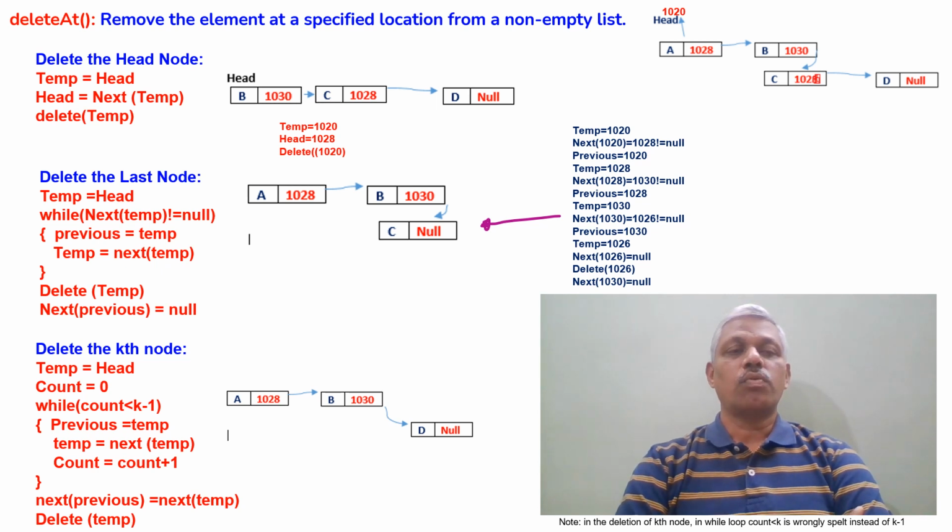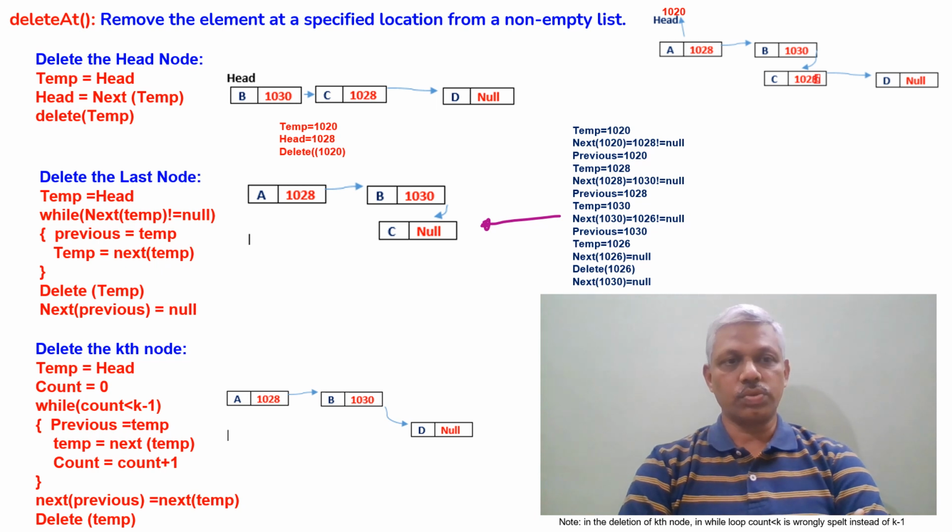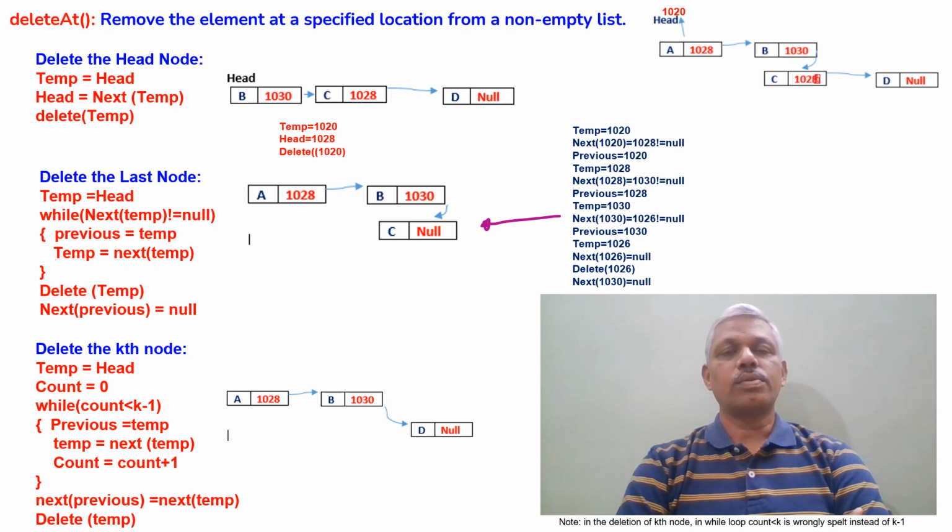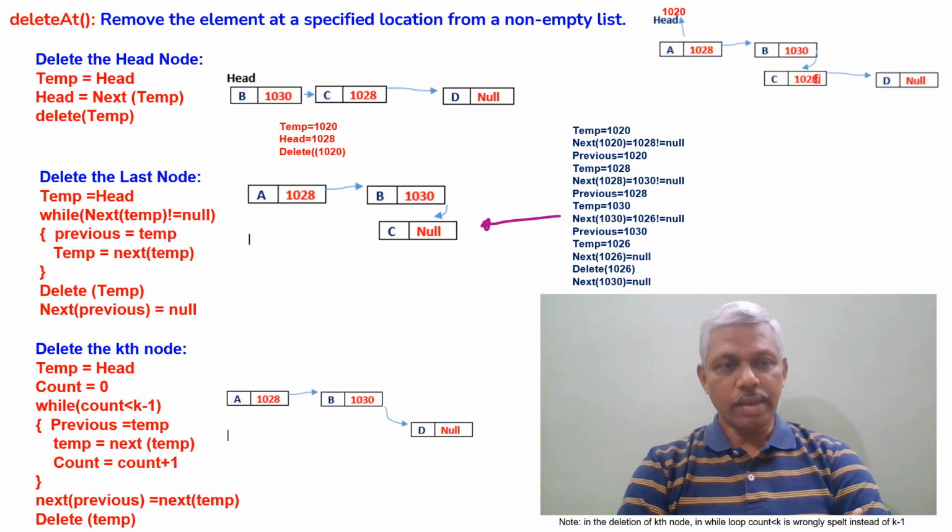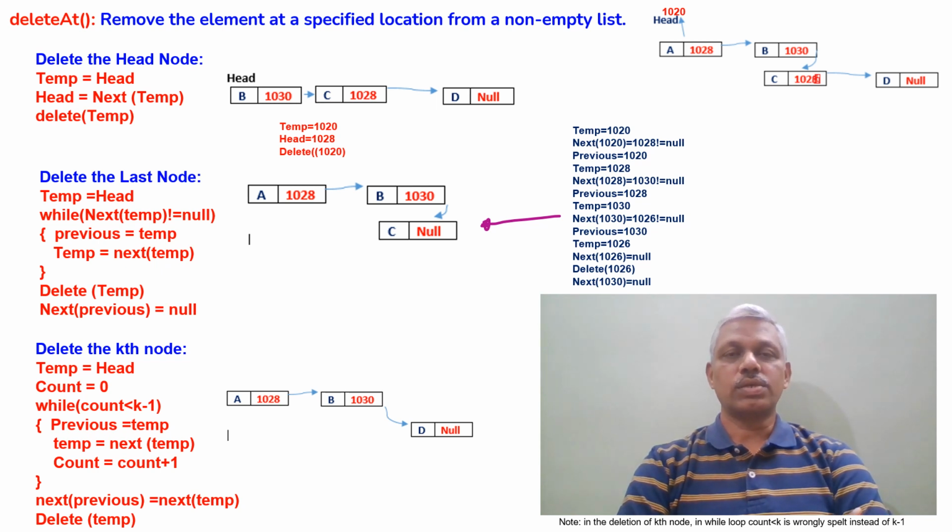Once we reach temp equal to null, that means we reached the last node, and previous consists of the address of the second-to-last node. That last node contains next pointing to null, and we need to delete the last one. So delete temp, and next of previous is null. We made next of previous null. By this, the last node is deleted, and the previous node of the last node, the penultimate node, becomes the last, and its next becomes null.